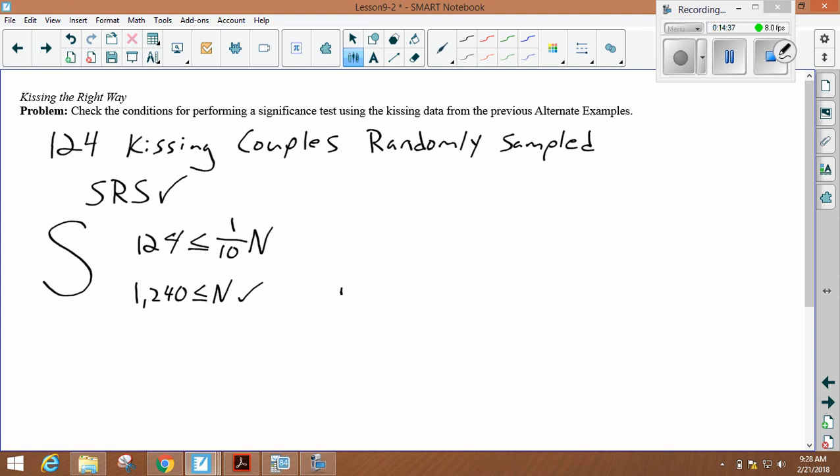So then we need to check the N part of it, right? What we need to check is whether n times p is greater than or equal to 10, and then n times 1 minus p greater than or equal to 10.